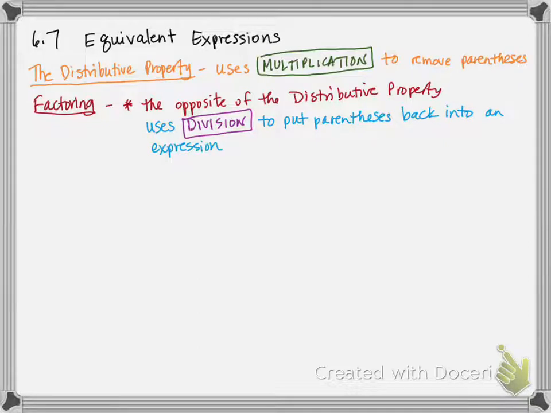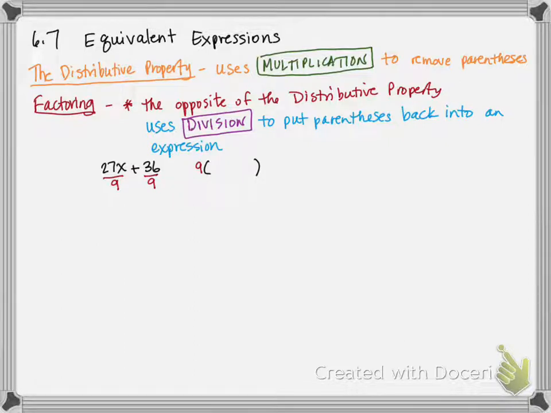Okay, so I'm going to show you a separate way of doing it today, real quickie. 27x plus 36. Let's say I wanted you to factor this, and you say, oh yeah, I know, 9 can go into both of those, so you can divide both of those numbers by 9, so that's going to go out in front. And then what you're going to get left behind in the parentheses is what you get when you divide by the 9.